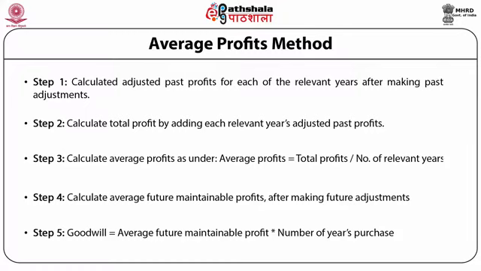Firstly, adjusted past profits are calculated, then total profit is calculated, then average profit is determined, then future maintainable profit is calculated, and lastly, by multiplying average future maintainable profit with the number of years' purchase, goodwill is calculated. Because this is based upon average profit, this formula is called the average profit method.